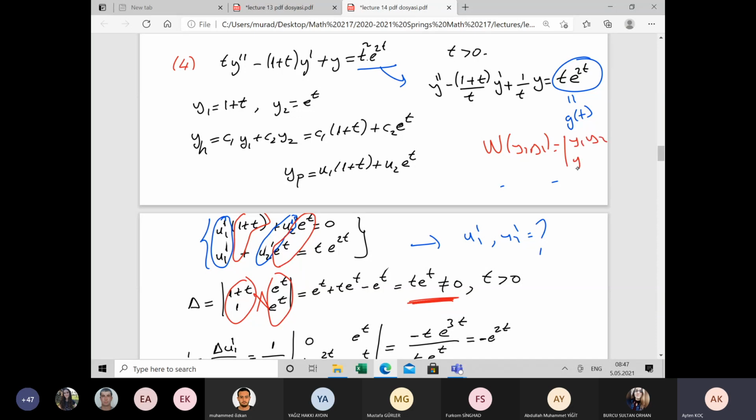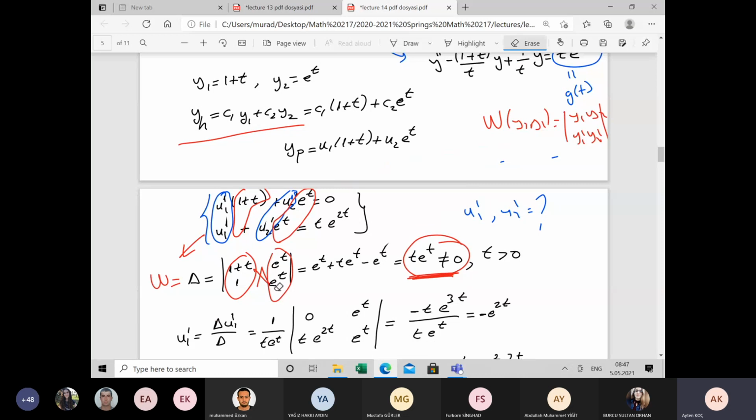This is the coefficient matrix of the system, delta, the Wronskian determinant, and it is not 0, since these are fundamental solutions. It is non-zero because t is greater than 0, the exponential function is non-zero, and t is non-zero, so the product is not 0.